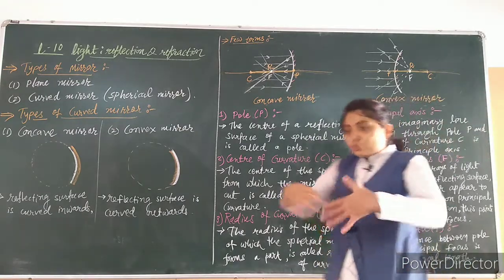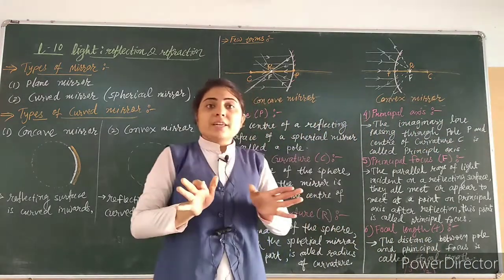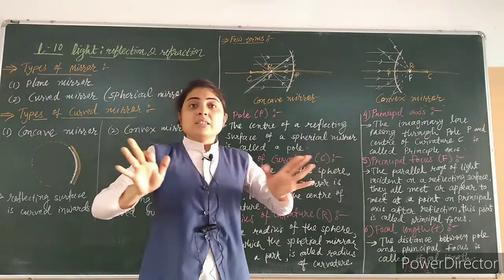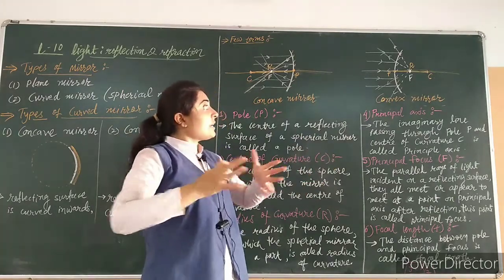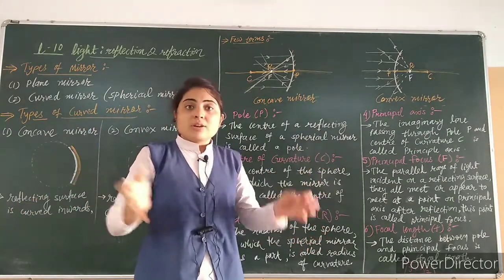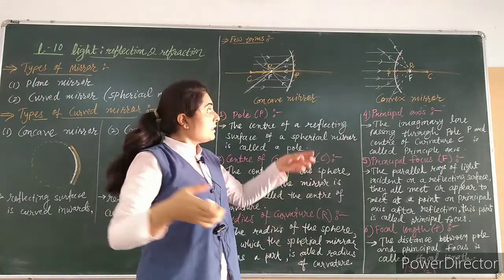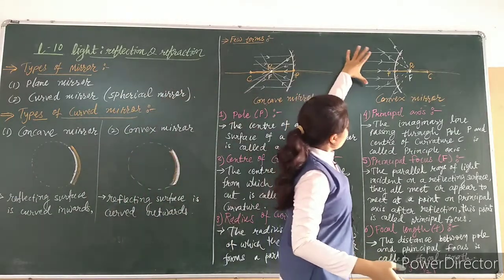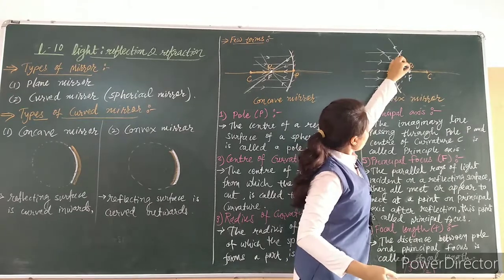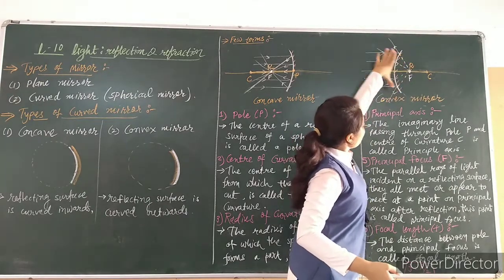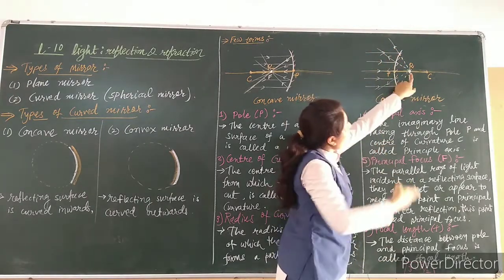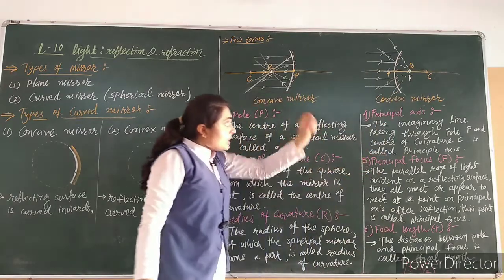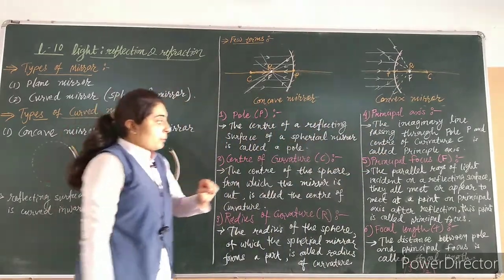Due to the outward curve, the rays will be reflecting in a diverged direction, so they are not going to meet. They look like they are coming from this point. If the mirror is not there, the rays will look like they are coming from this point. So that point will be the principal focus.